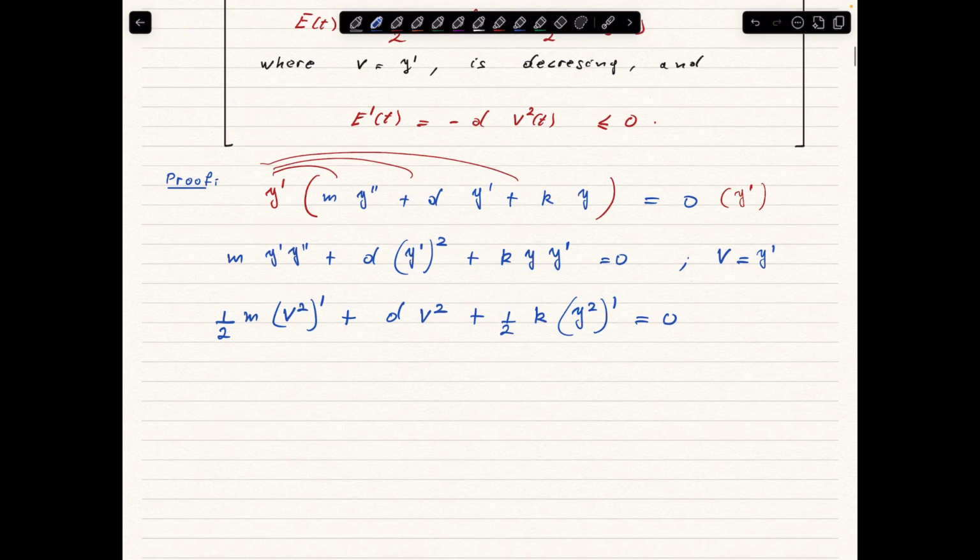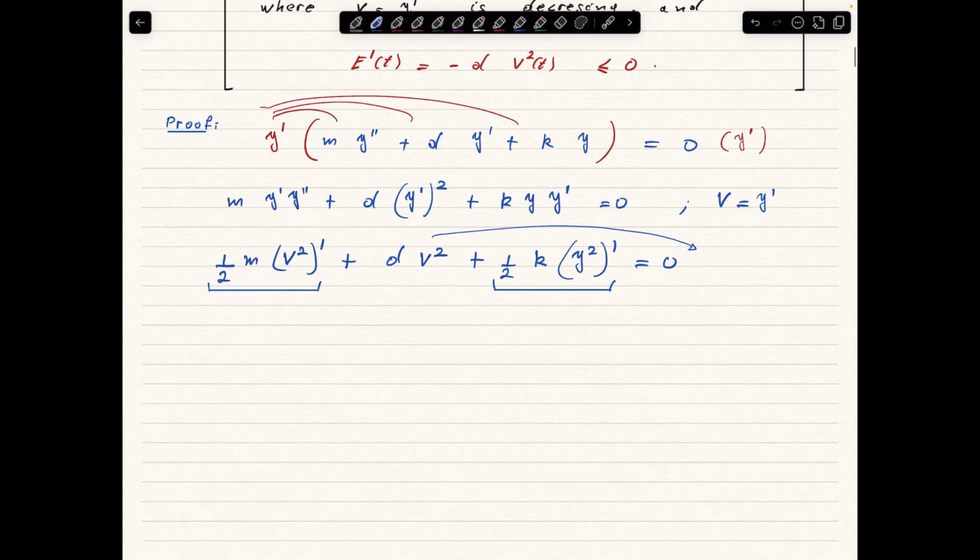So as before, we can put this term and this term together, and we move this term to the other side. And if we do all that, we have that the derivative of 1/2 mass velocity squared plus 1/2 k position squared, the derivative of all that, is actually negative the damping coefficient times v squared, which is less or equal to 0.